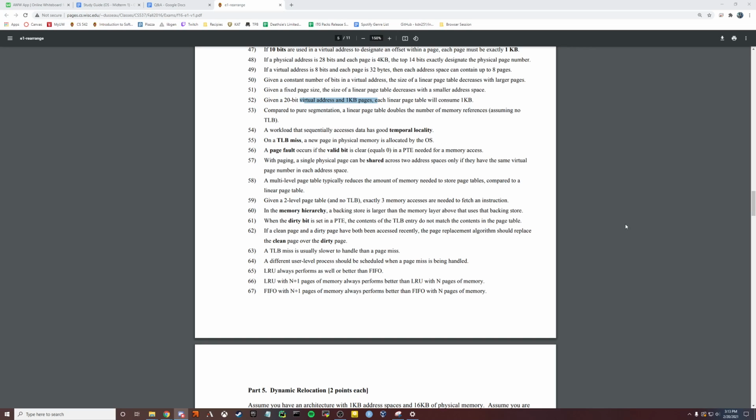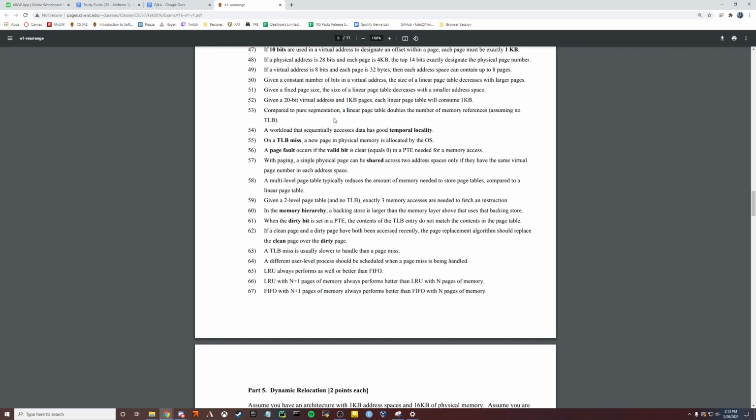When you do the 20-bit virtual address divided by the 10 bits of the pages, right? If you look at the note resources on the Discord, I have a formula for this, and if you follow that formula, the page table size in bytes is 4096, which is 4 kilobytes, not 1 kilobyte. Okay. So I think this is false. It would be 4 kilobytes.